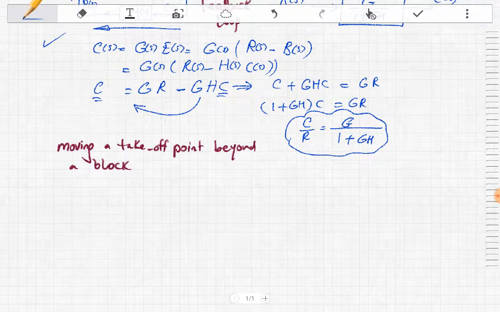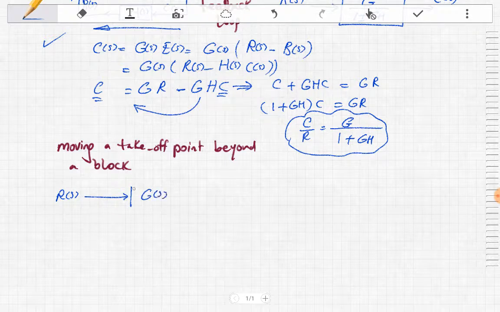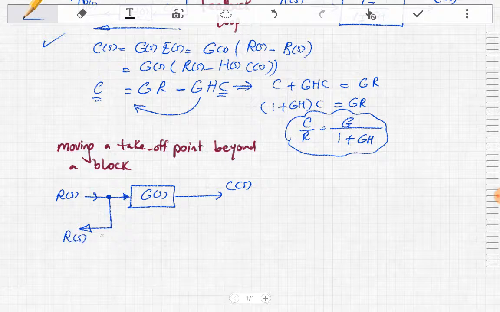Let's say that you have a signal here called, for example, R of S going to some block called G of S, and you got the output here C of S, and you have some takeoff point here going to another place. All right. So of course this one will be R of S also, right? Because there is no change, it's just going here and you make branching, so takeoff point. We call it takeoff point.